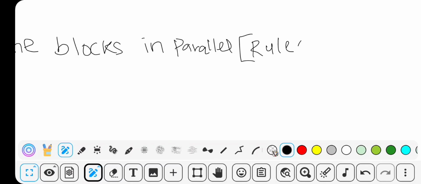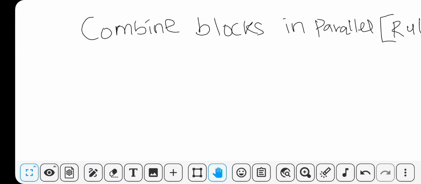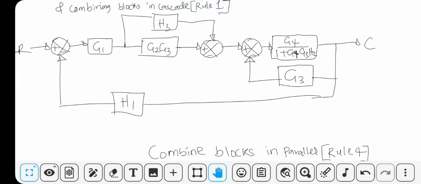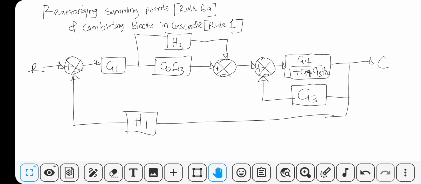Rule 4, and also rule 2. If you observe, we have been using rule 4 most times just because we have been having feedback.